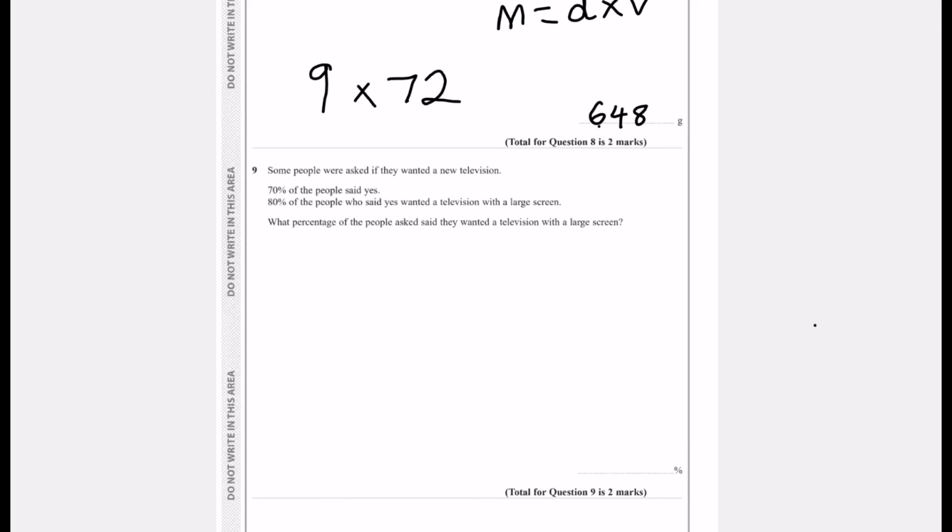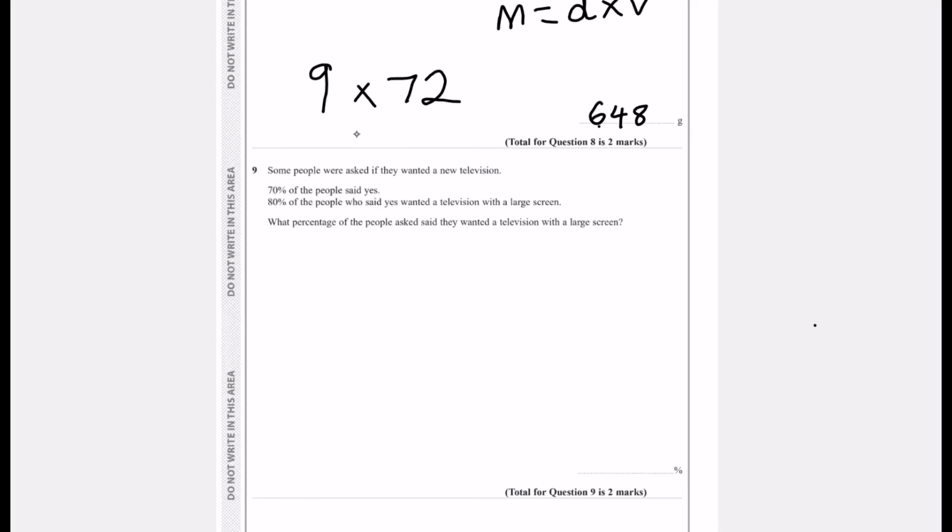Question 9. Some people were asked if they wanted a new television. 70% said yes. 80% of the people who said yes wanted a television with a large screen. What percentage of the people said they wanted a television with a large screen? So 70% of people said yes, and 80% of them wanted a large screen.